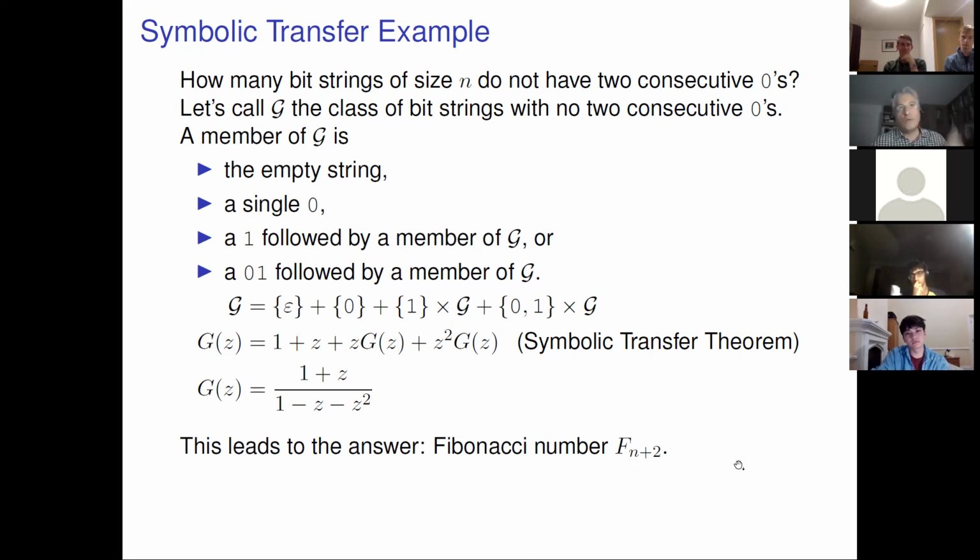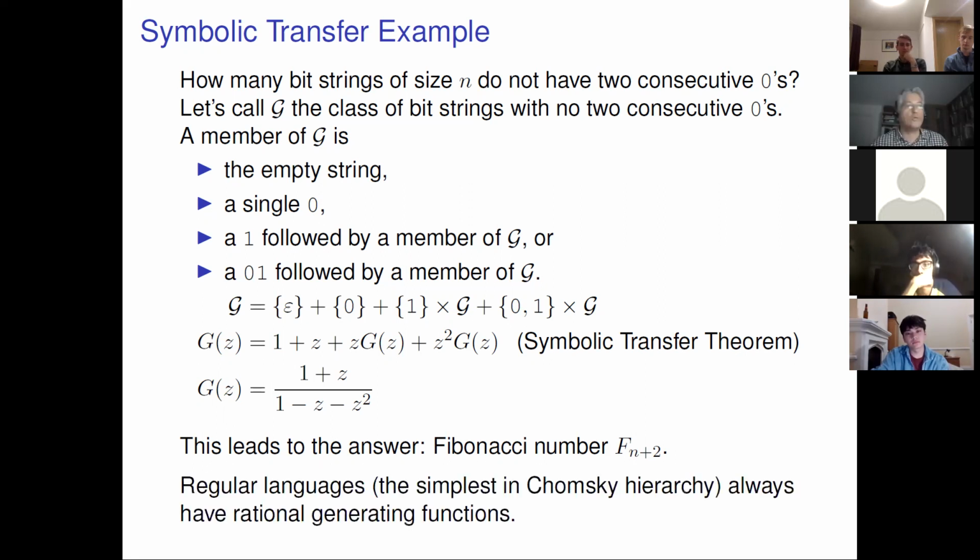Now, a quick comment about formal languages. This is an example of a regular language, which are the simplest languages in Chomsky's hierarchy. And regular languages always lead to rational generating functions. If you were to define the recurrence, it leads to linear recurrences, and linear recurrences always lead to rational generating functions.